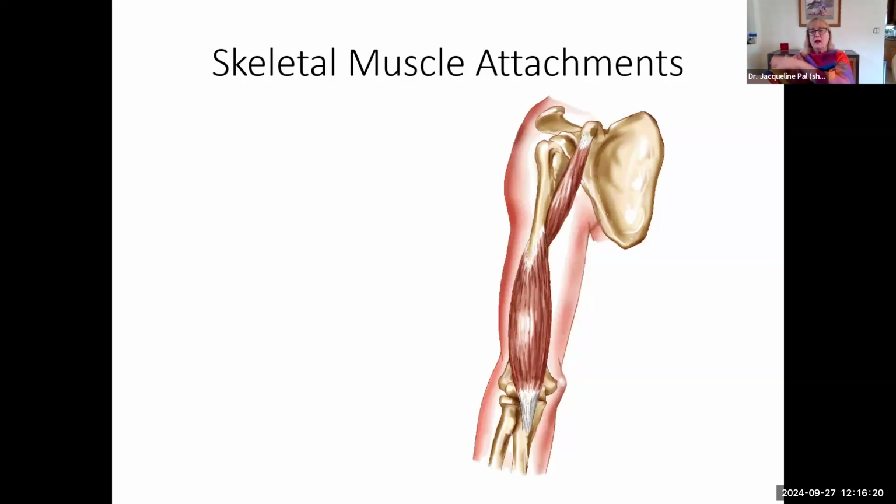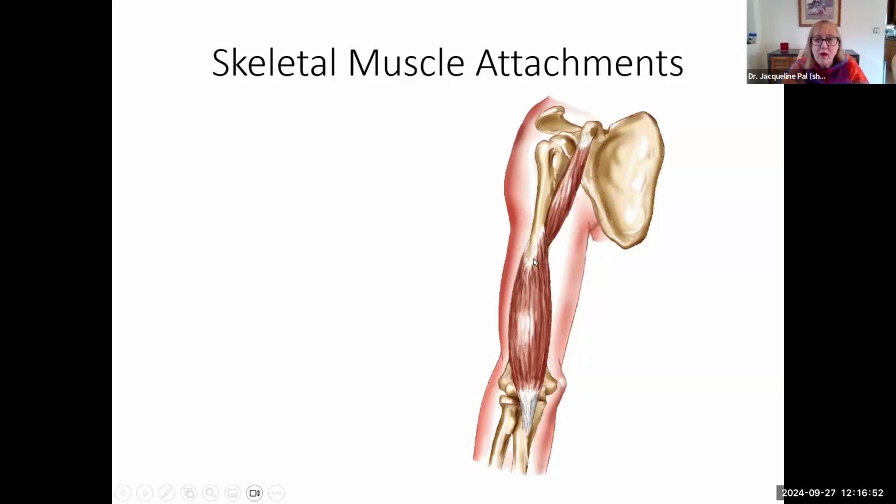And I know your whole life you have thought your biceps is the muscle that actually flexes your elbow, the prime mover for flexing your elbow. And you've given it a lot of credit. It is a helper, but it is not the number one muscle that does the action. This muscle right here, which is called the brachialis, is the muscle that does that movement. But that's okay. I just want to show the brachialis because you can see its attachments easier.